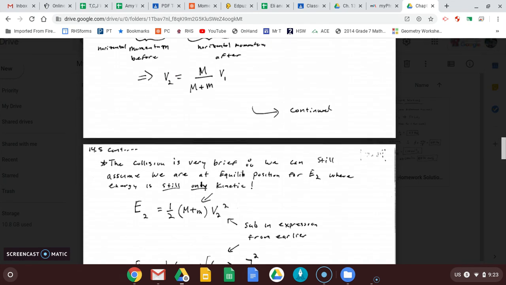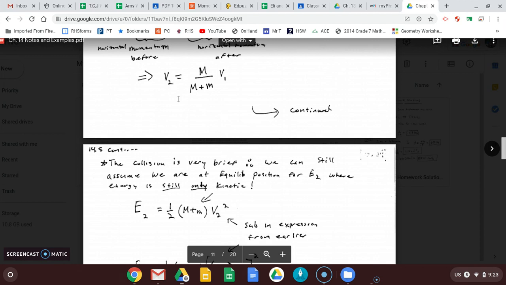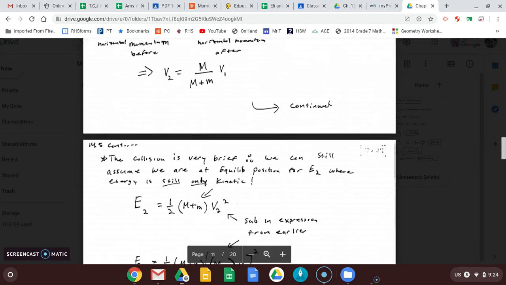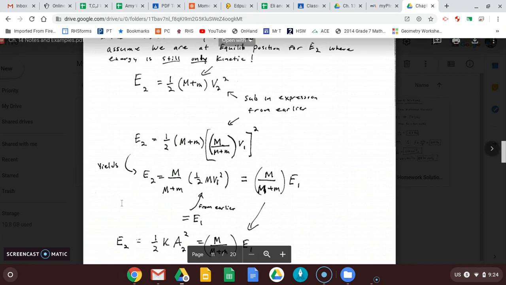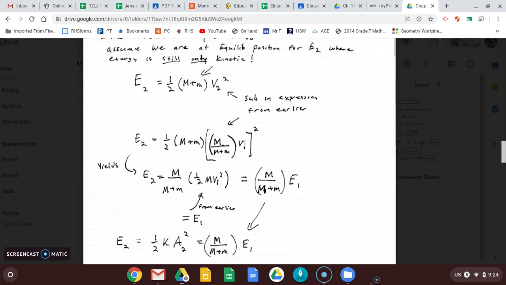So we're going to sub in this V2, this expression here, square it, and clean it up a little bit. This step is just plugging all that in. Maybe it gets a little ugly algebraically. And we could yield the expression for E2 right here. But 1/2 mv1 squared from really early in the problem is what energy 1 before the collision was defined as. So I could plug that in there.